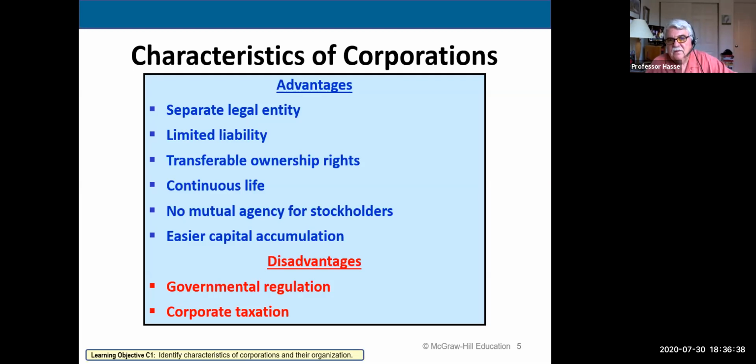Another key point of a corporation is these two words: limited liability. That might not mean anything to you, but it means you can't get sued. Here's what this means.